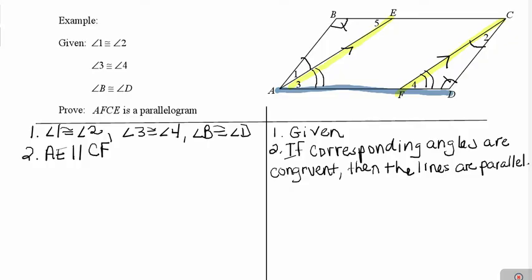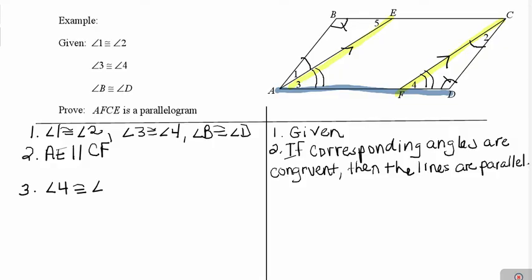Now notice that because angle 1 is congruent to angle 2 and angle B is congruent to angle D, those are two sets of angles in the two triangles. So from there, we can use our new theorem to say that angle 4 is congruent to angle 5 by the no-choice theorem.